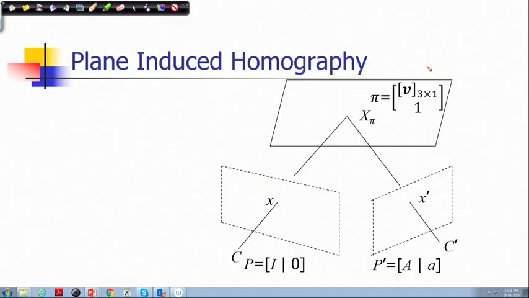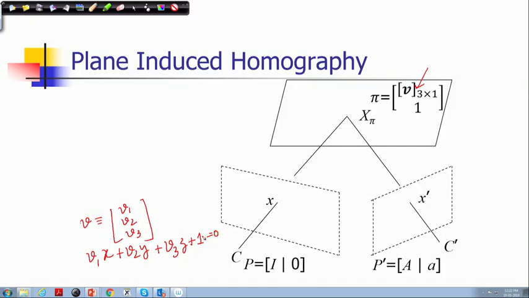This is a 3 vector which is giving you the direction cosines of the plane, and your scale value is kept as 1, which means the equation of the plane, if V is given as a column vector V1, V2, V3, is V1 x plus V2 y plus V3 z plus 1 equal to 0.